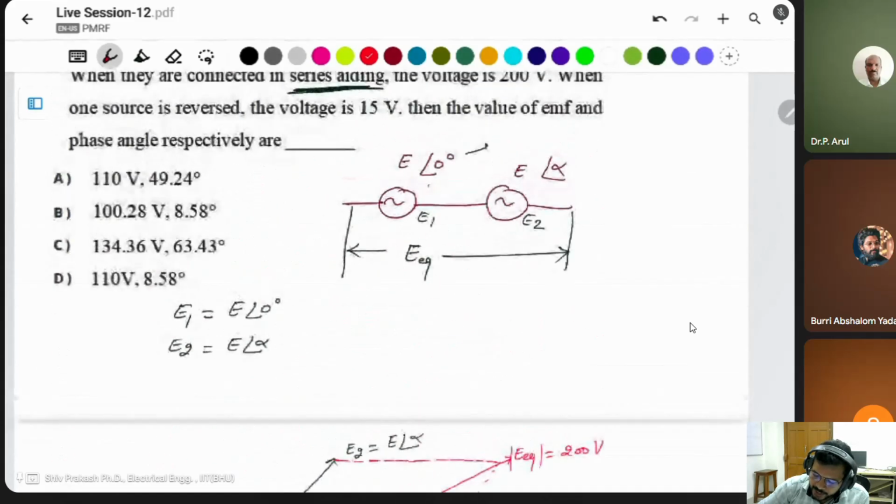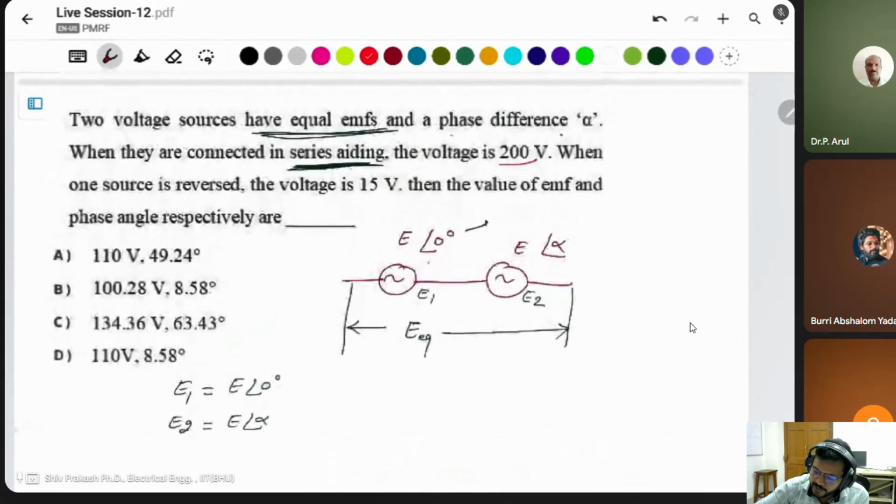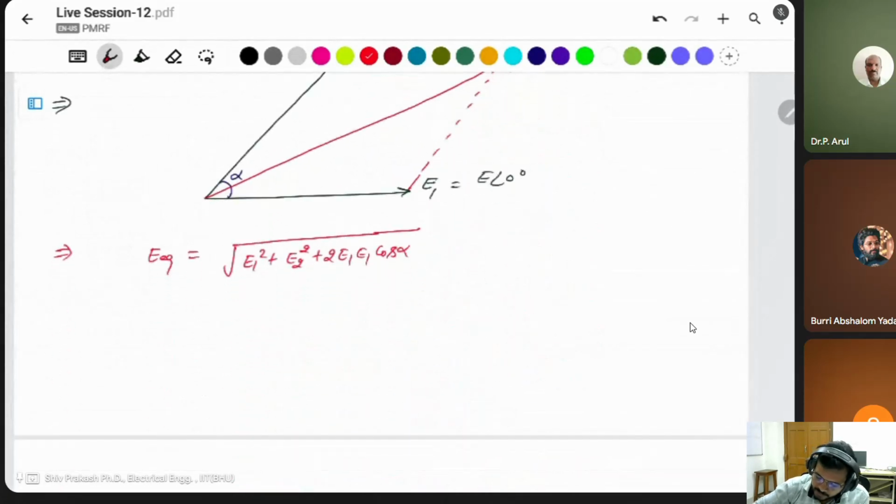In this addition condition, E equivalent will be 200, as given in the question. E1 is E, so E square; E2 is also E, same magnitude; 2 E1 E2 is 2 E square cos alpha.